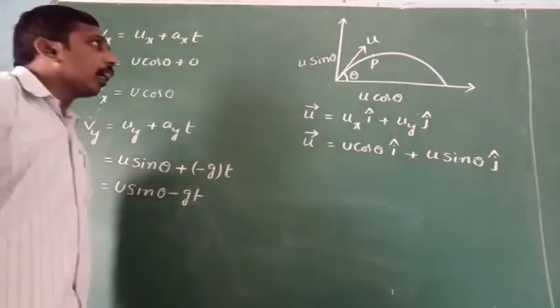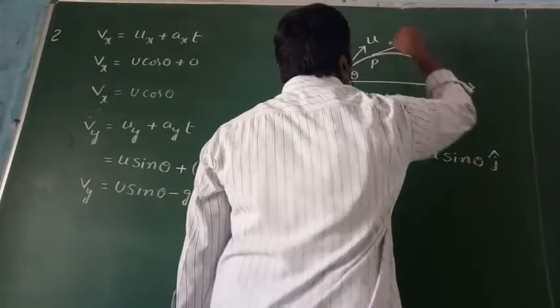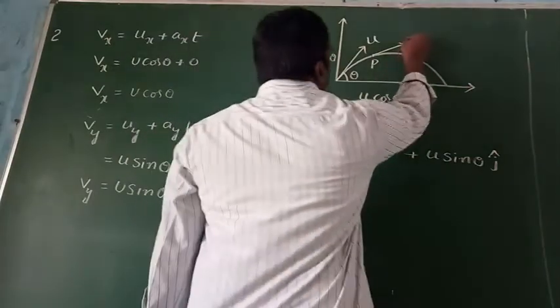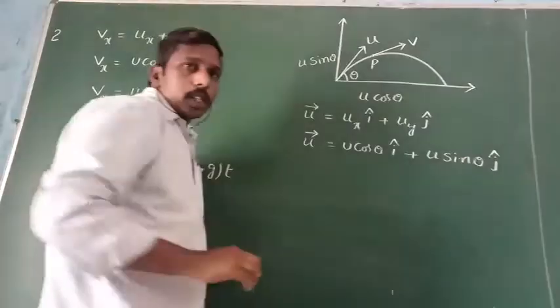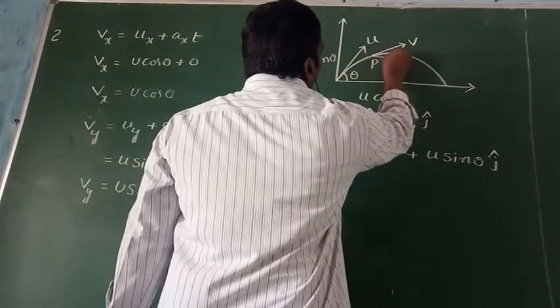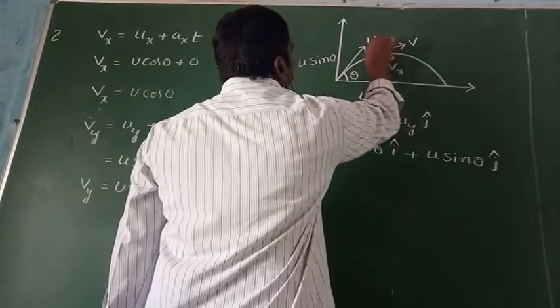Now to get the direction of velocity, you draw a tangent. The tangent gives the direction of velocity at that point. So after t seconds, v is the velocity. The component along the horizontal direction is vx, and the component along the vertical direction is vy.